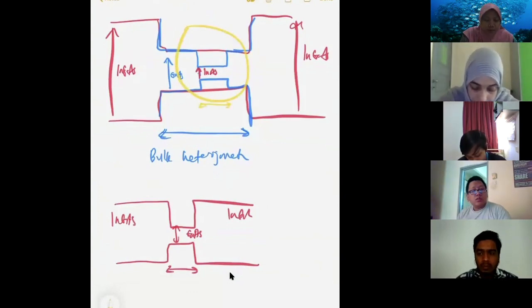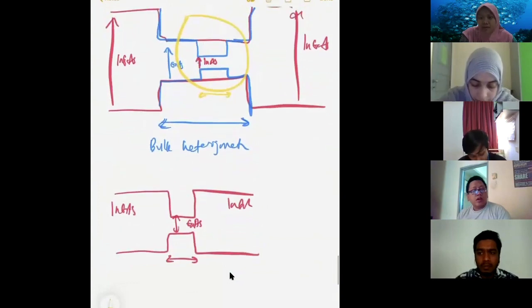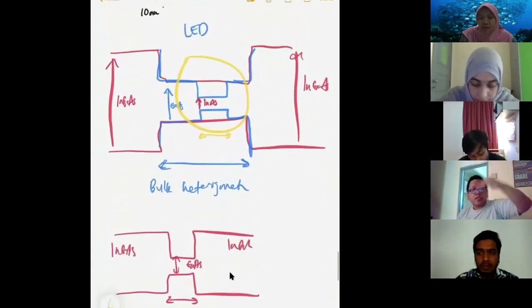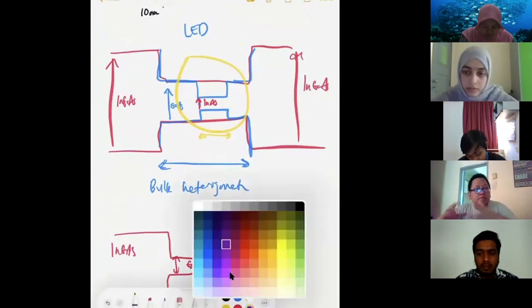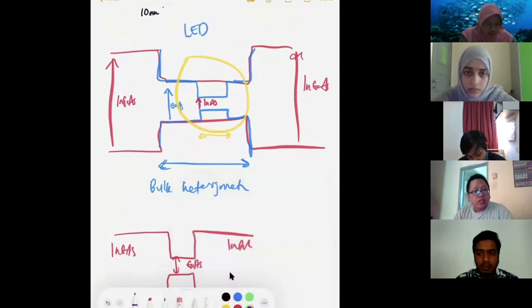Okay, if I want to make... For the first picture, the picture above, are the blue and the red drawing the same LED? Part of the same LED, or is it just to show the size? Understand.